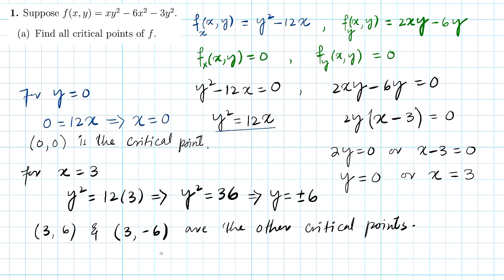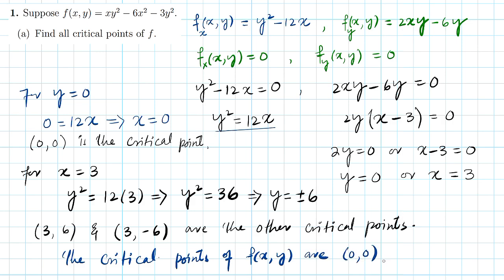So we have a total of 3 critical points. Hence we can say the critical points of f of x y are 0 comma 0, 3 comma 6 and 3 comma negative 6.